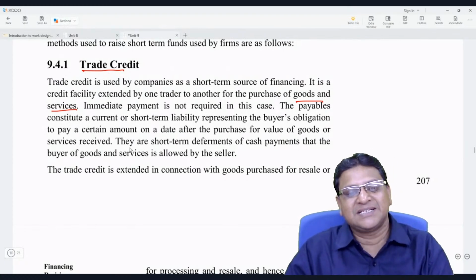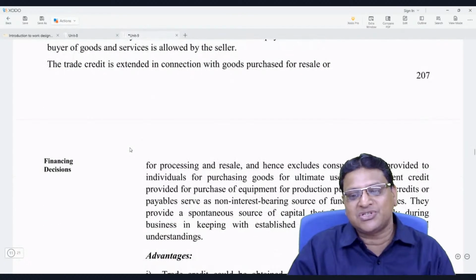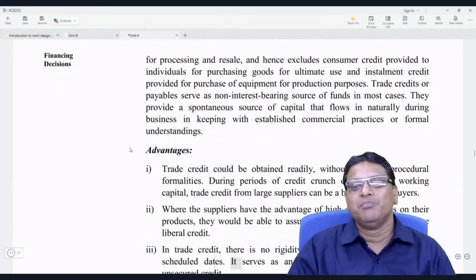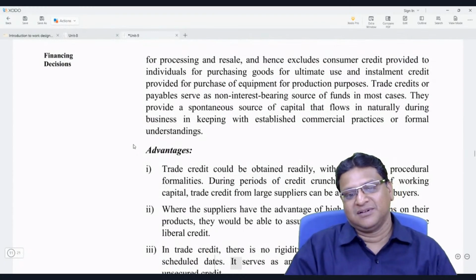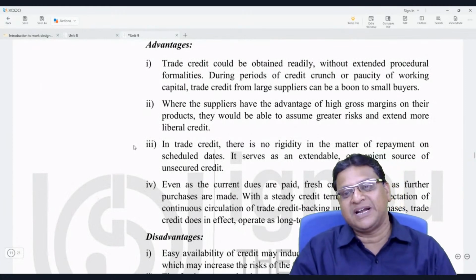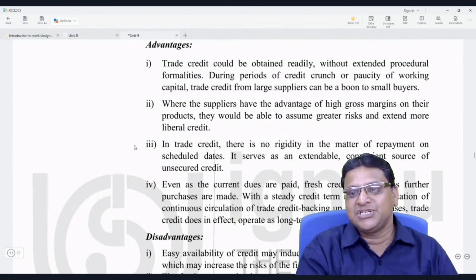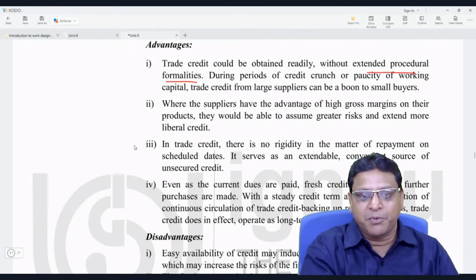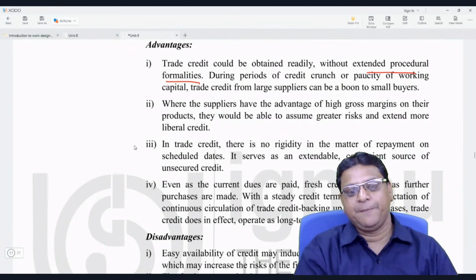Trade credit is a natural source of finance, a spontaneous source of finance to many organizations. Many organizations use this trade credit. There are many advantages of using trade credit because it is naturally available. There are fewer procedural formalities for obtaining trade credit.